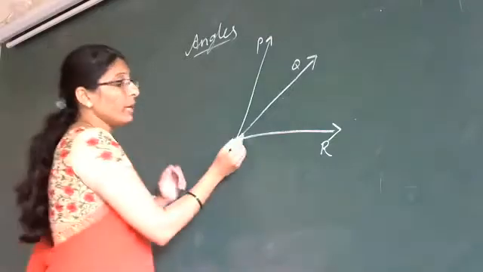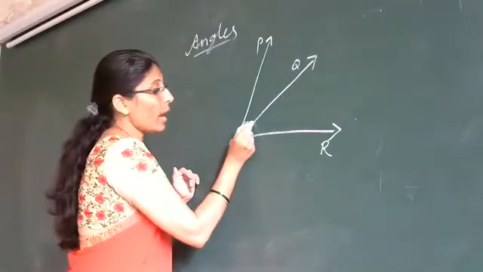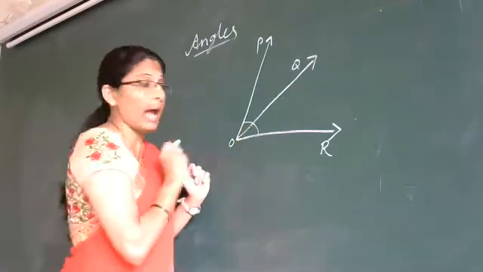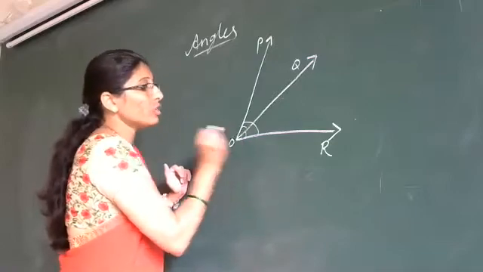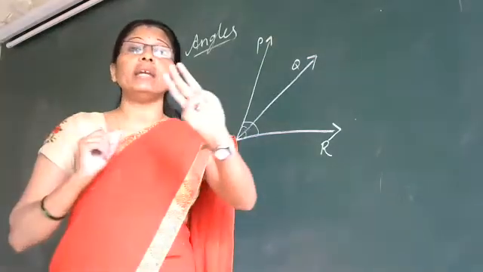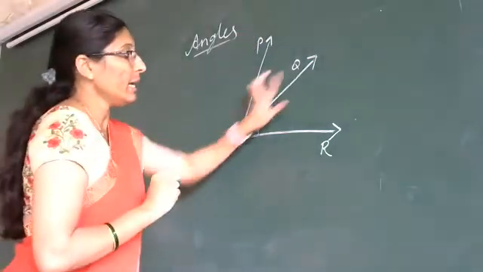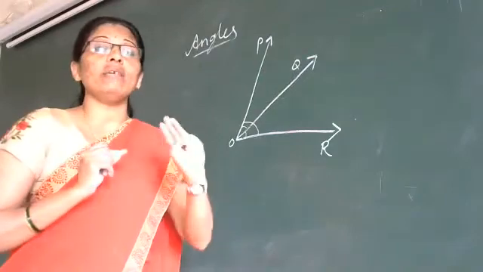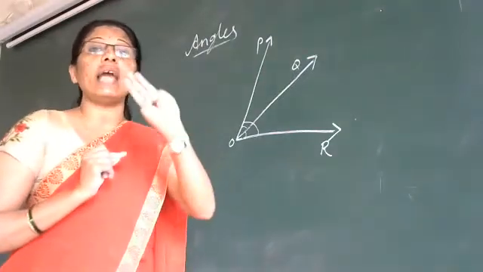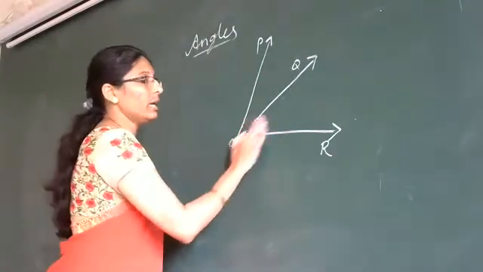Now here we can see three rays are there. So here we can form this one big angle, and two small angles also. So in total we can form three angles. When three rays are there, how many angles are we getting? Three angles. See here.